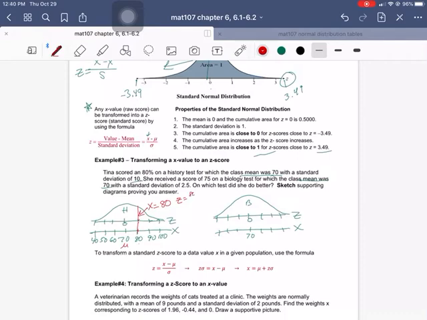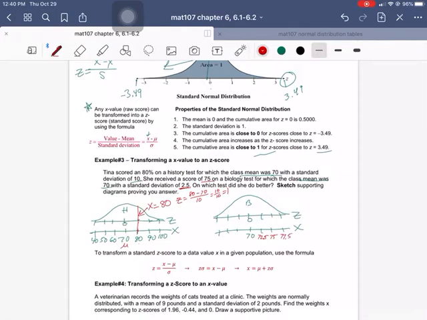So you can see it pictorially, or you can actually do the math for that. The one score she got was 80. You subtract from that the mean of the class, divided by the standard deviation of the class. You're going to get 10 over 10, or 1, which is verified by the picture. Okay, the biology test, she received a 75. Well, the standard deviation for the biology test was 2.5. So this is 72.5, 75, 77.5.